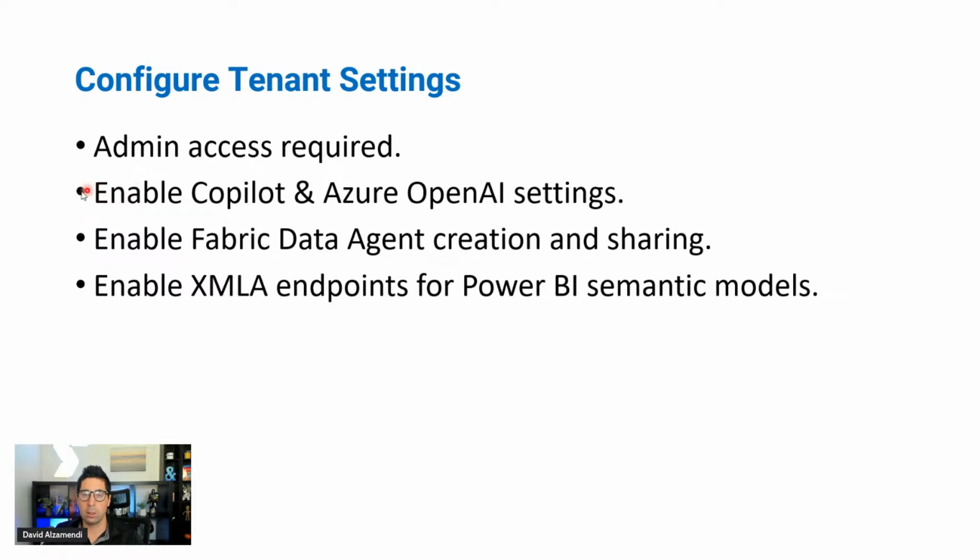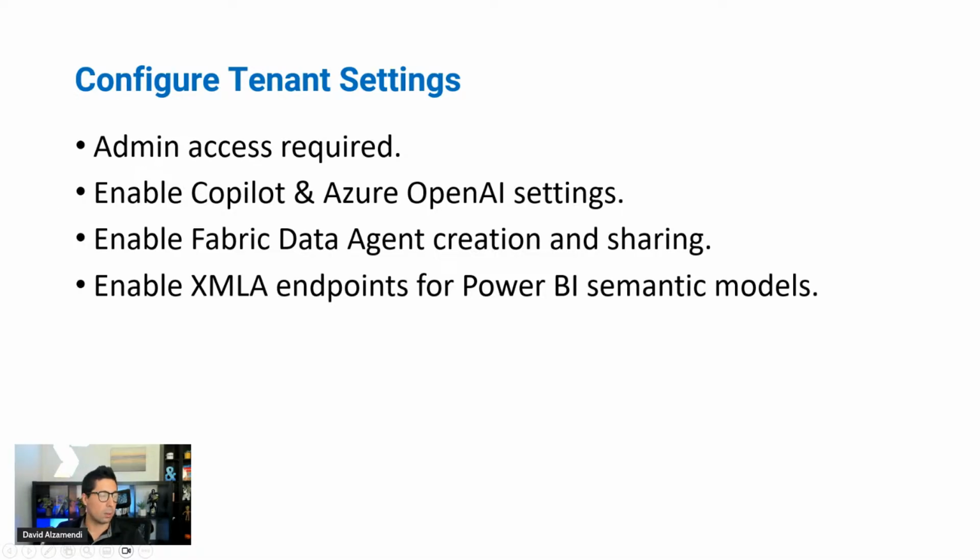So that's really important. If you don't enable some of these options, you won't be able to use the Fabric data agents. When possible, remember, as part of some of my previous presentations, you want to enable these capabilities for a small subset of users as well.